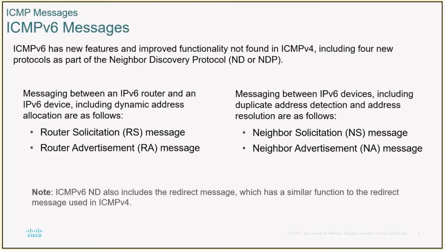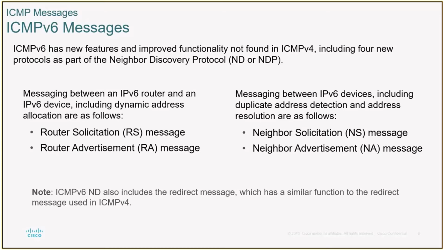When an IPv6 host boots and it's set to dynamic addressing, it doesn't send a DHCP request out initially. It actually sends out a router solicitation message. And a router, if one is present, will reply with a router advertisement message.